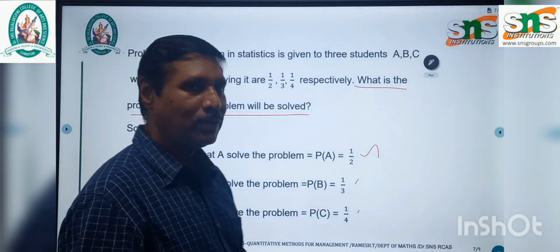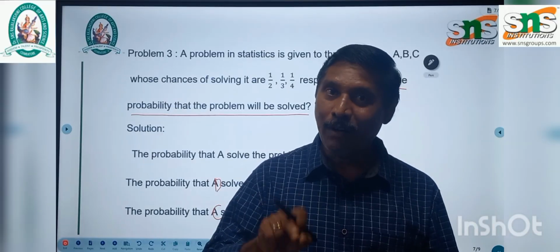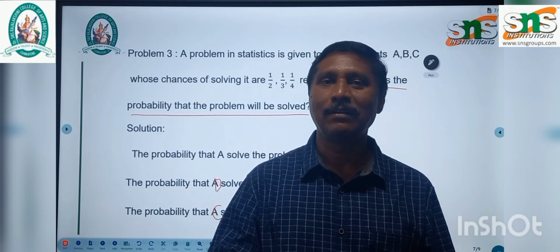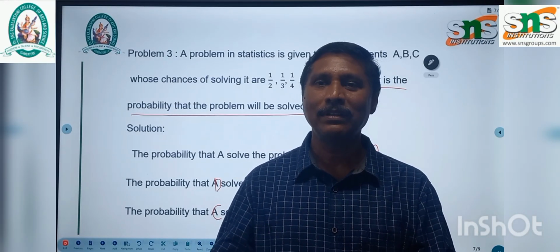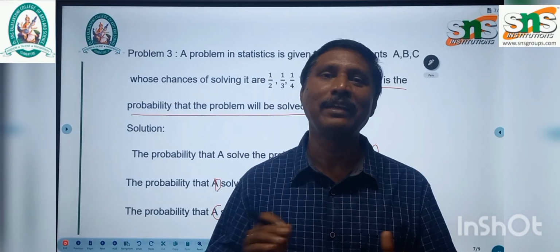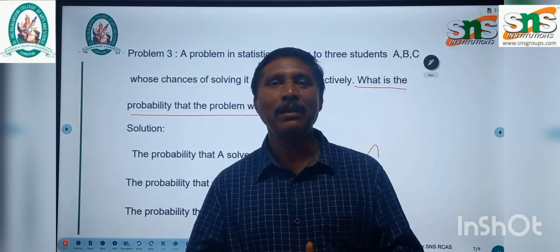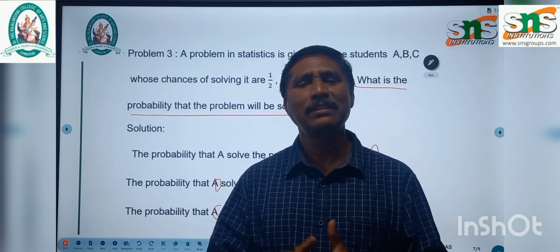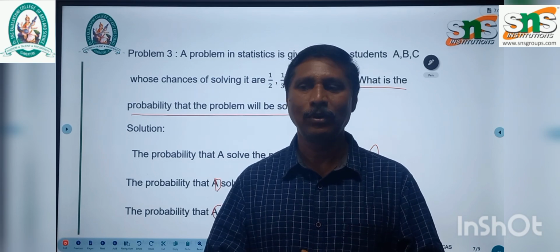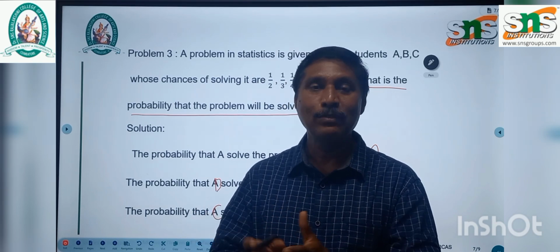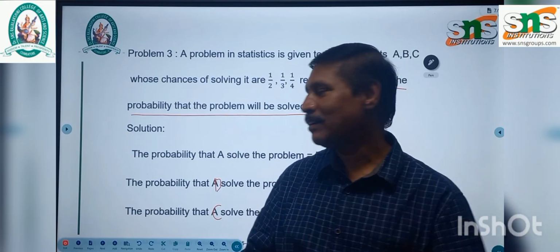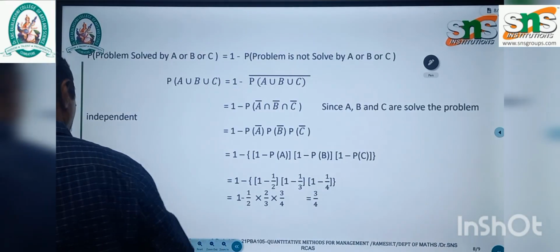That is, the problem is solved by A or B or C, because these 3 students solve it independently. How do we handle the 3 events? The probability of possible is 1 minus the probability of impossible. We write that concept.